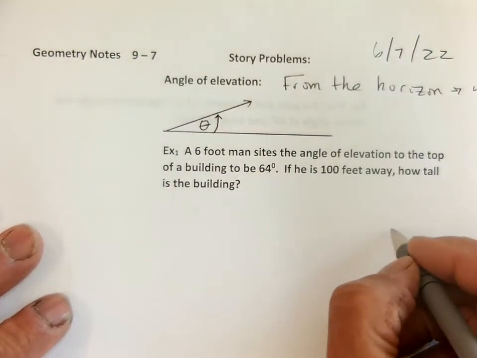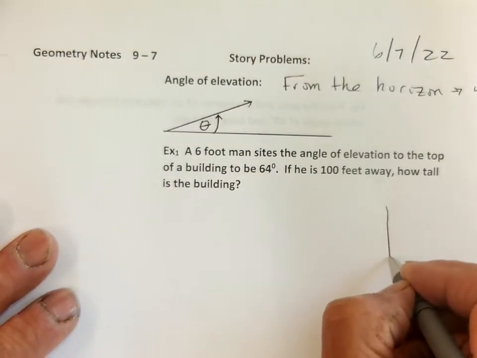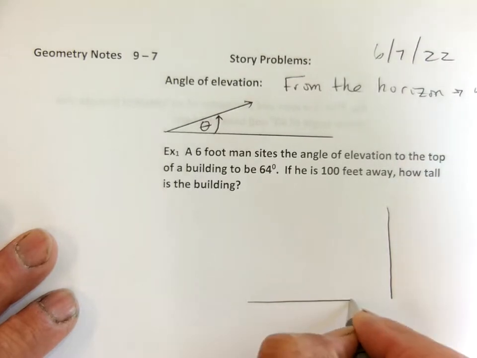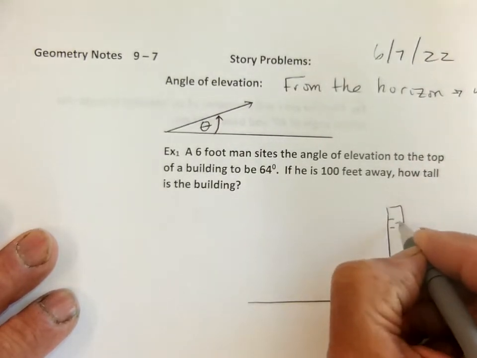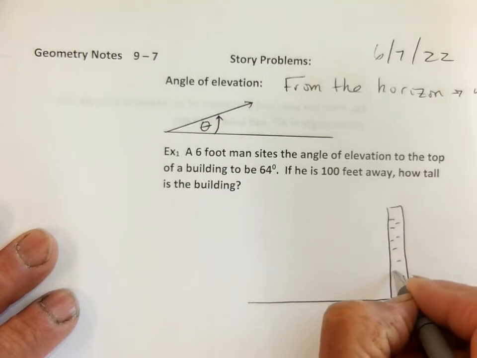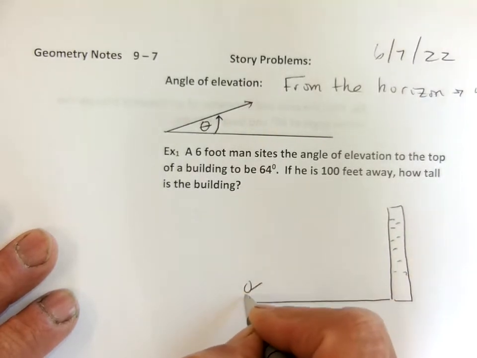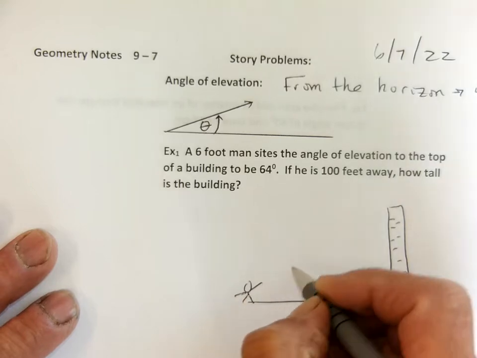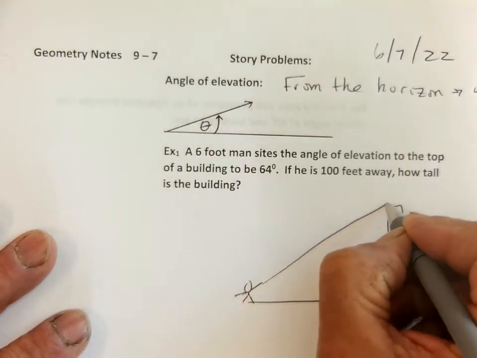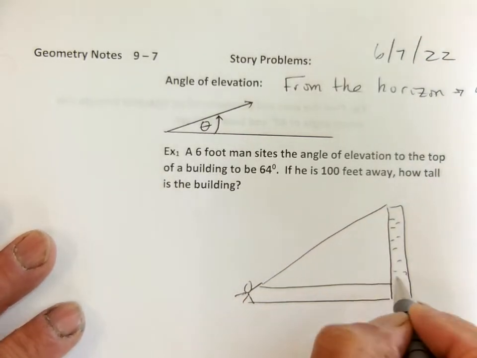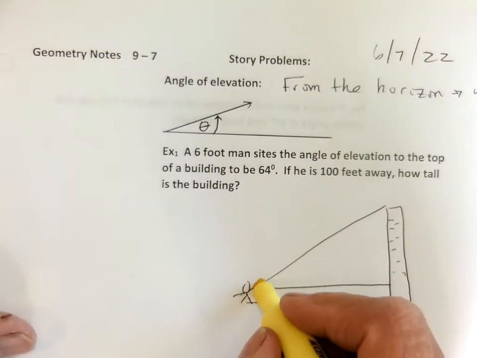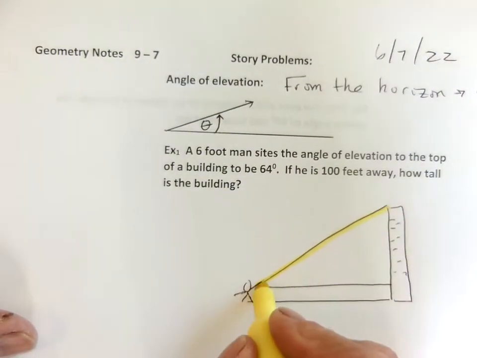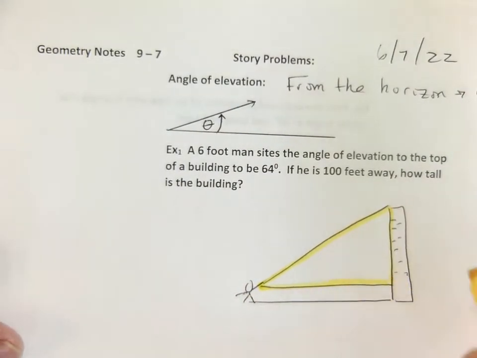So I've got a building. Here's my building. I've got a 6-foot man. He's going to sight the top of the building. And we've talked about how that 6-foot man elevates the right triangle, so the right triangle is actually 6 feet above the ground.